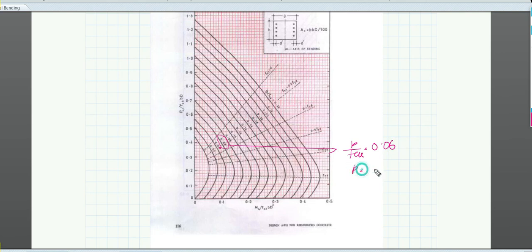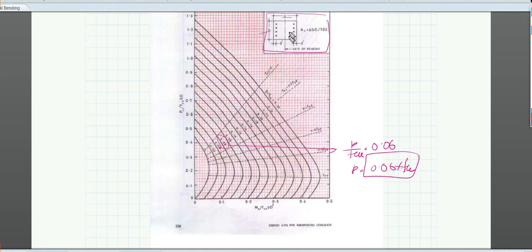So from this 0.06 into fck, you can find out the percentage of steel that will be required for the column. And here the drawing is also given. Please go through it and understand where what is D, what is b. D is the side where the axis of bending cuts, that particular side is the depth and the other side is the width.